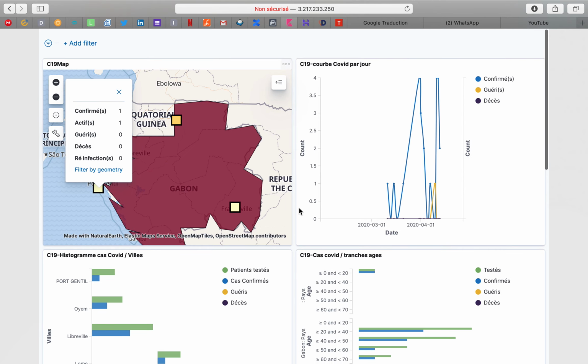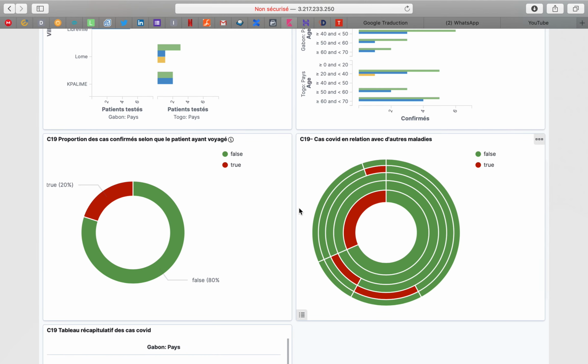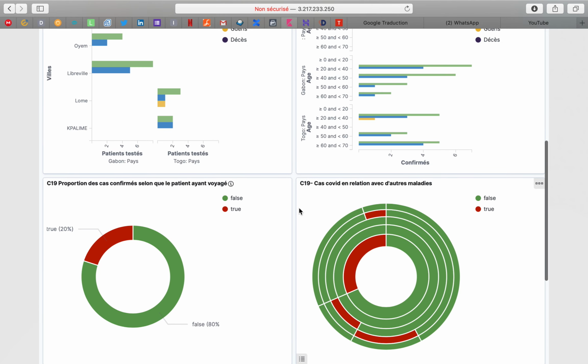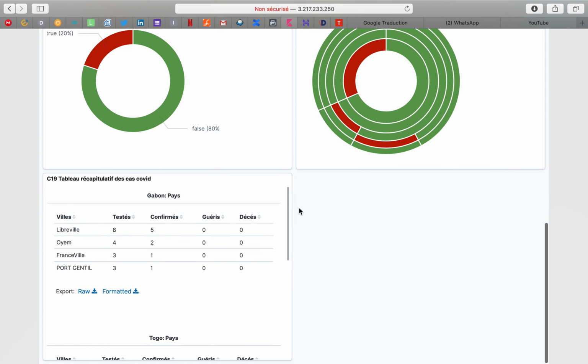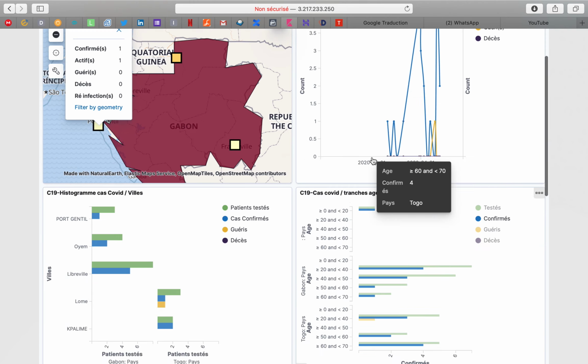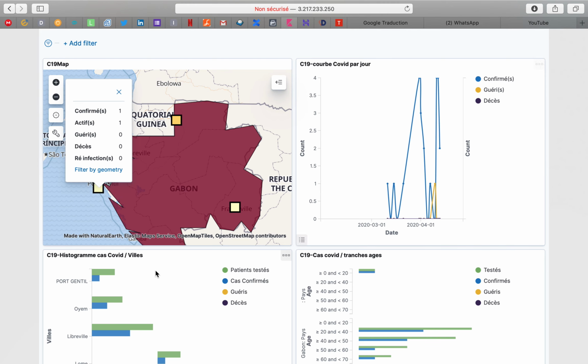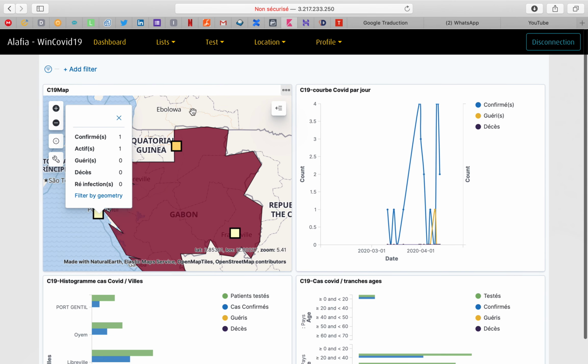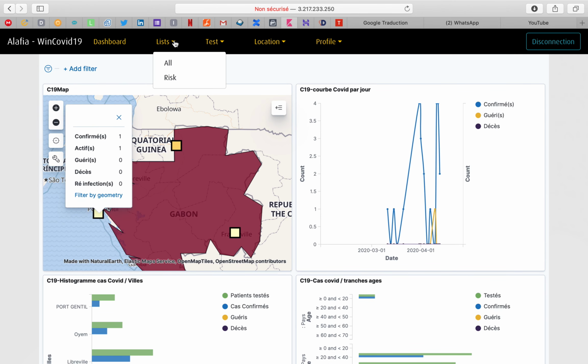So you can see the detail of the statistics that we are proposing in this solution, with the possibility to format them and to download the whole data. So let's go now to the list.